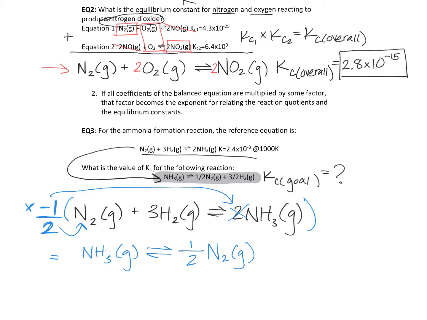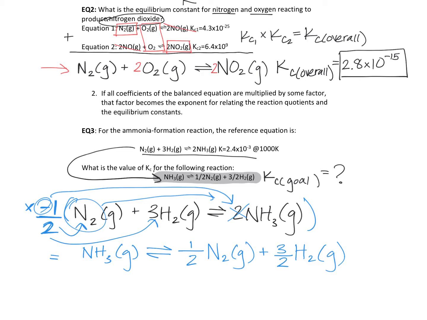Again, the negative just pushed it into the product side. Okay, 1/2 N2 gas plus, and then 1/2 times 3 gives me 3/2 H2 gas. Great, so I was just checking to make sure that that was the correct factor.